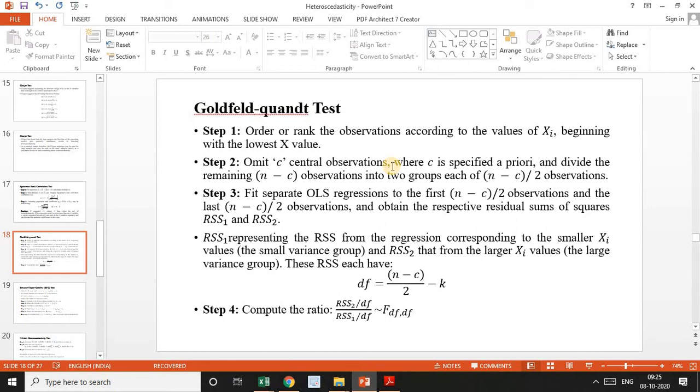So in this test, you divide the data into two parts based on the values of xi, then find RSS1 and RSS2, then find the F ratio by dividing RSS2 over df by RSS1 over df, where df is (n minus c) divided by 2 minus k.